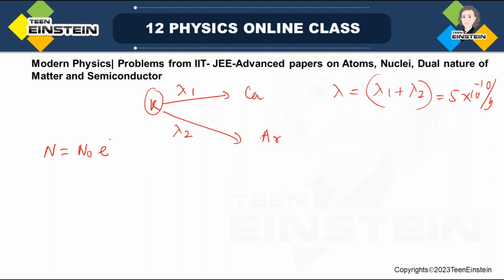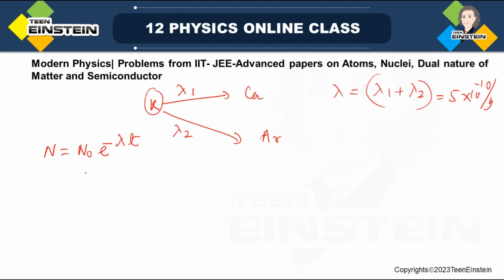That is the initial number N0 into e to the power minus lambda t. So in the given problem, what is given?